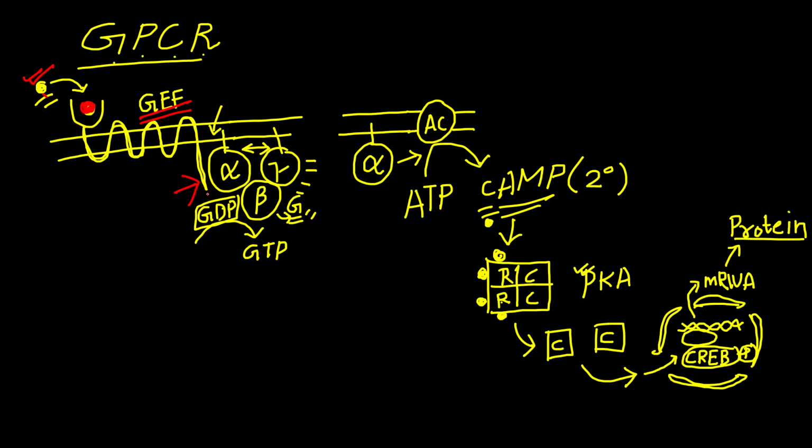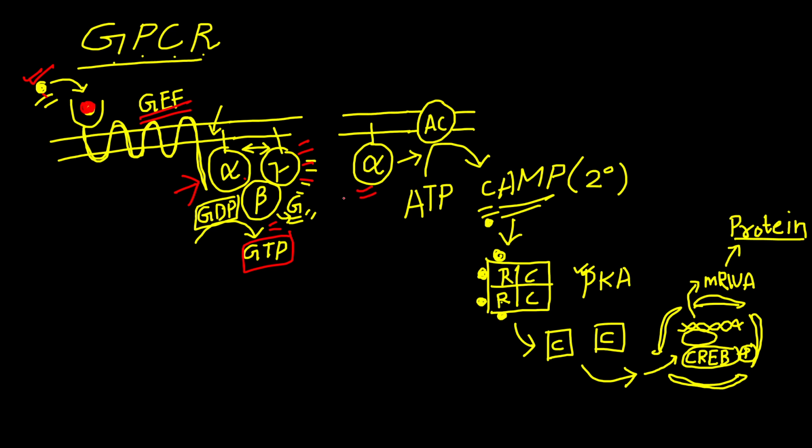It activates the G protein because the GTP gets bound to the G protein and G protein gets activated. The alpha subunit and gamma beta subunit get separated and activate other proteins.